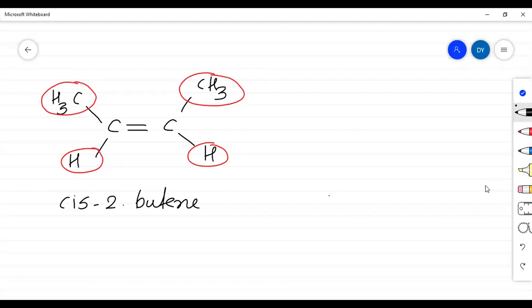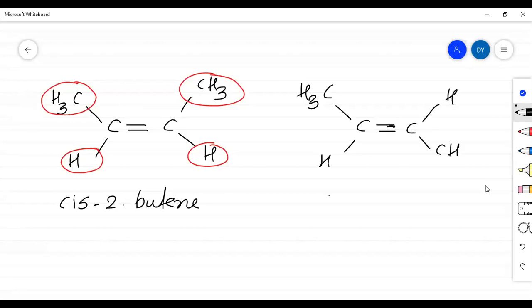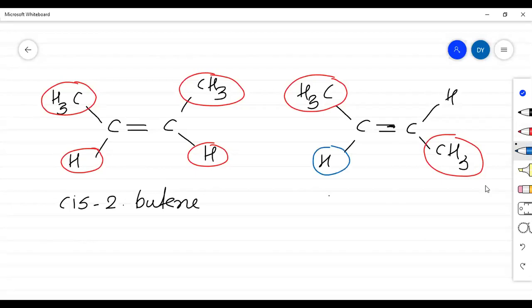Now what is trans isomerism? So as you can see here, this methyl group and this methyl group are on different sides of the double bond, and these hydrogens also are on the different or opposite side of the double bond.